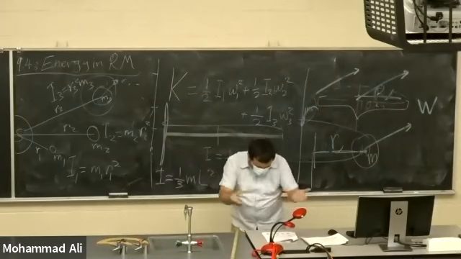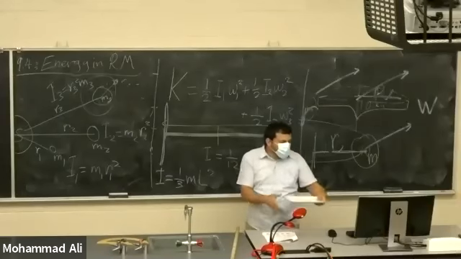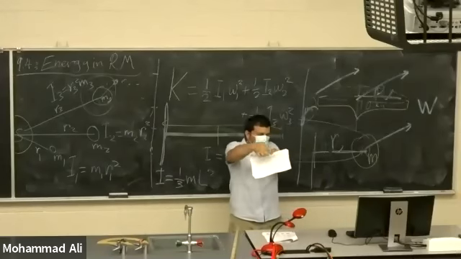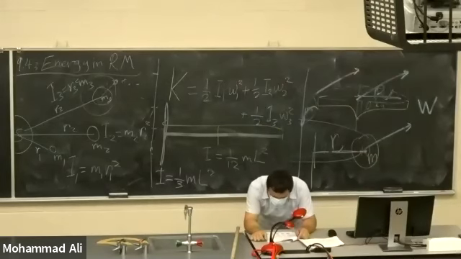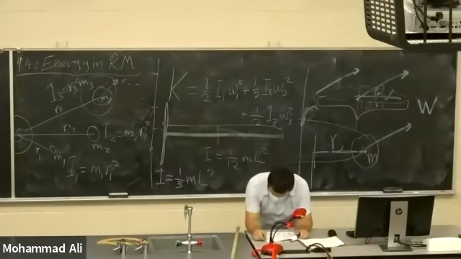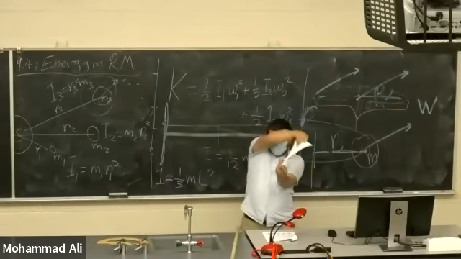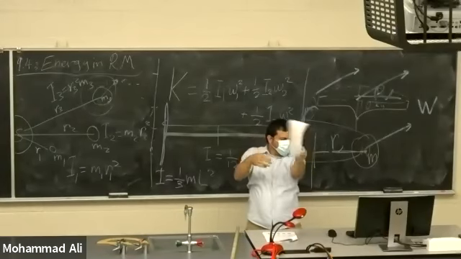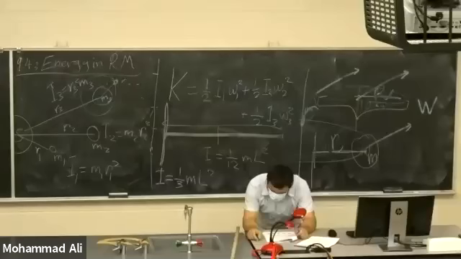What about different shapes? For a board, this is a rectangular plane. A rectangular plane, just like this, around its center, it will be 1/12 multiplied by the mass, multiplied by the dimensions a squared plus b squared. Around its edge, like this, it will be 1/3 ma squared. Okay.